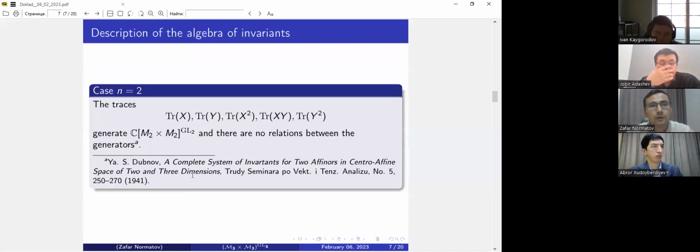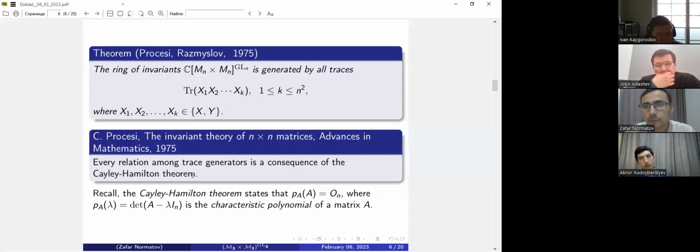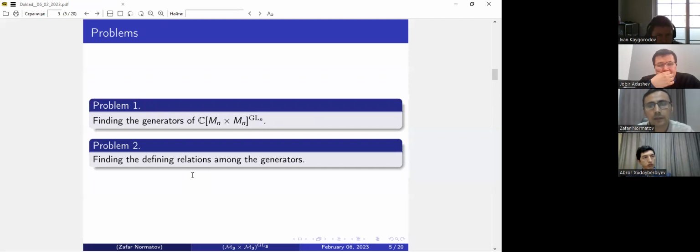Can you explain the problem too? What do you mean by defining relations? Defining relations are just relations. Actually, it is some kind of polynomial in terms of generators, and this polynomial is actually zero.